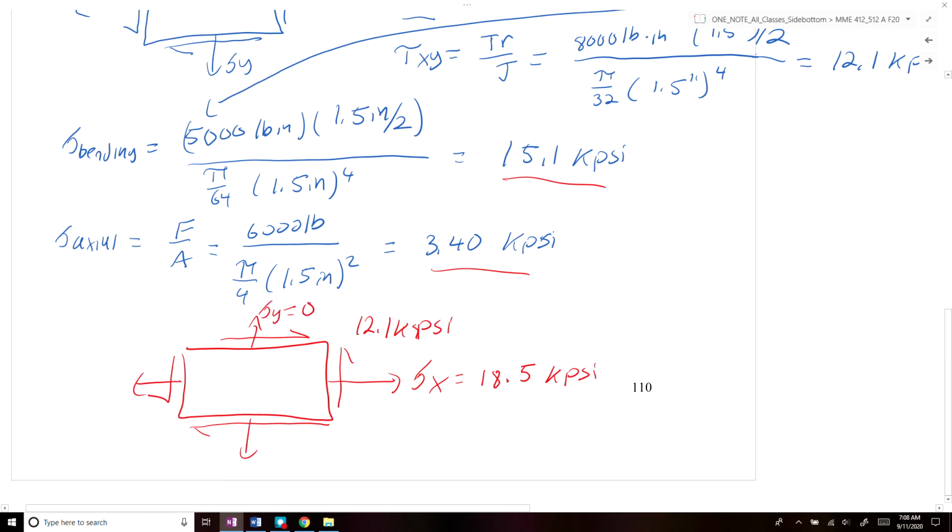So that's our given state of stress at point A, which is probably going to be the highest state of stress along the rod.